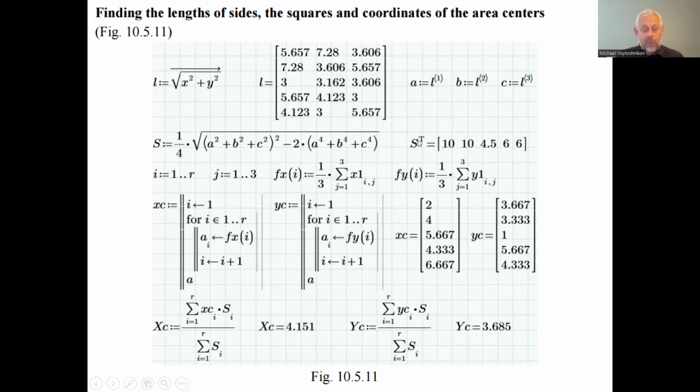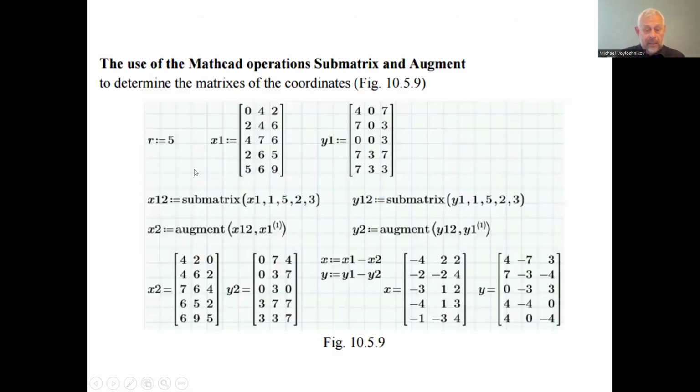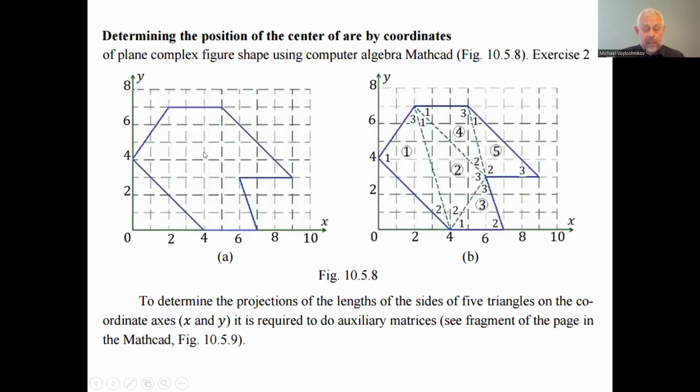So we did the transposition. After that, we consider the number of triangles, 5, because we assigned r equal to 5. The number of rows corresponds to the number of triangles of the separation of the initial figure assigned.